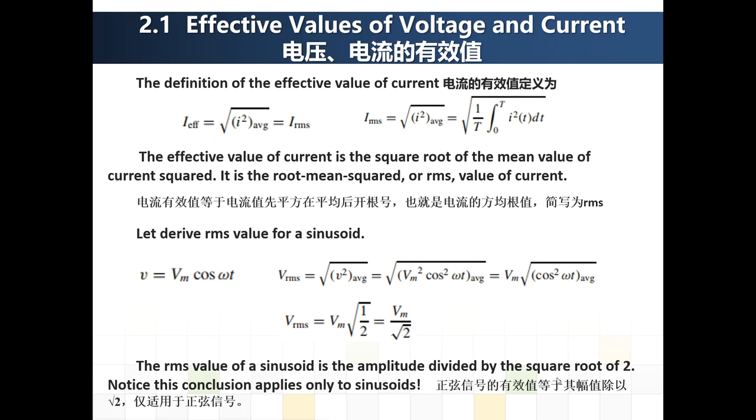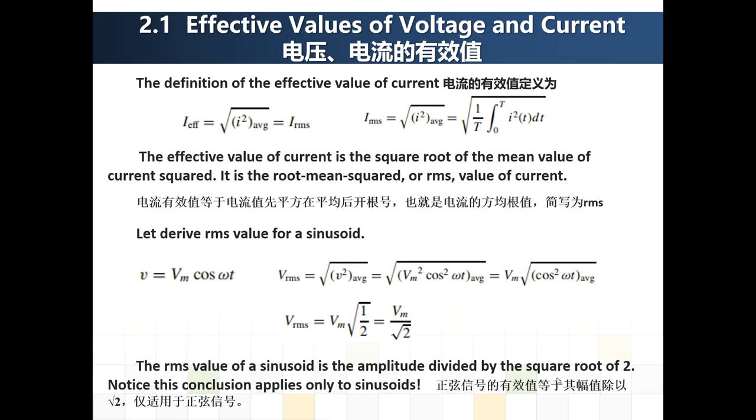Now let's derive the RMS value for a sinusoidal waveform. For example, if lowercase v is equal to Vm cosine omega t, the root mean square value of voltage V is equal to the square root of the average value of the instantaneous voltage squared.